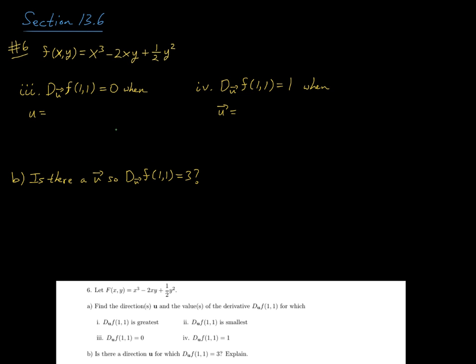So in 3, we're looking at where the directional derivative will equal 0. Okay, so let's go ahead and draw a little picture up here. Let's say here's our point P, and here is the level curve. And we know that the gradient points in the direction orthogonal to this level curve.